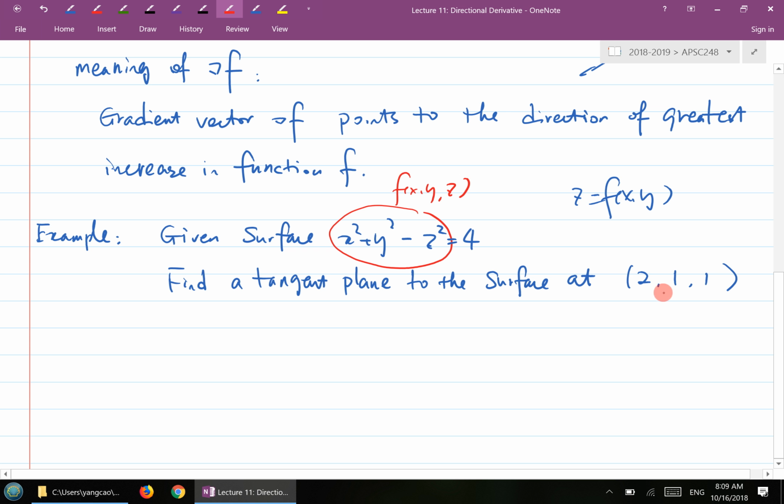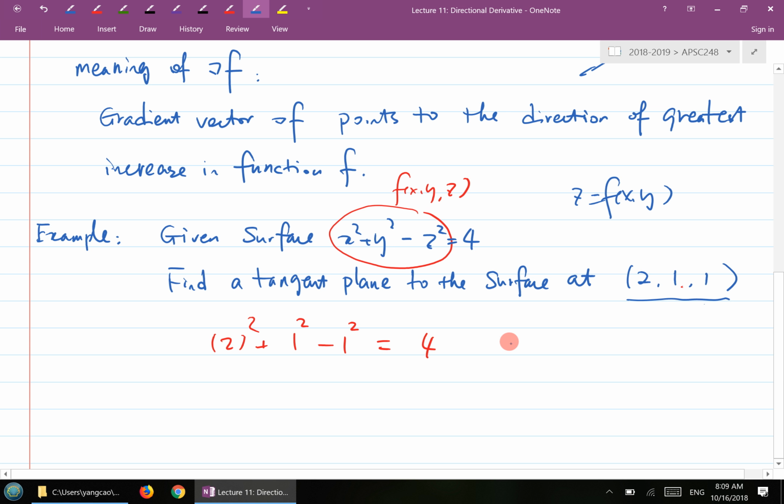Now let's look at this point here. If I substitute this (2, 1, 1) back into the given surface equation, I get 2 squared plus 1 squared minus 1 squared, which happens to be 4. So this point is on that surface. Typically, when you see a question to find the tangent plane to the surface at this point, the point needs to be on that surface.